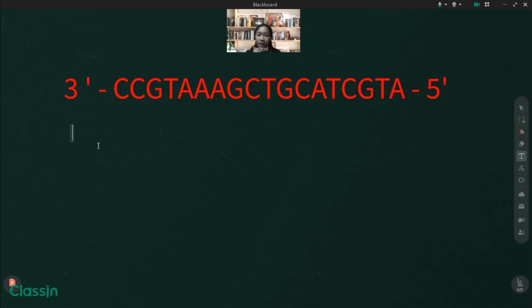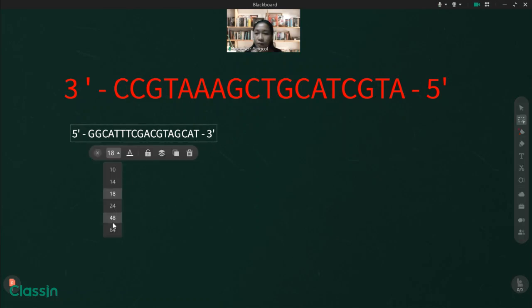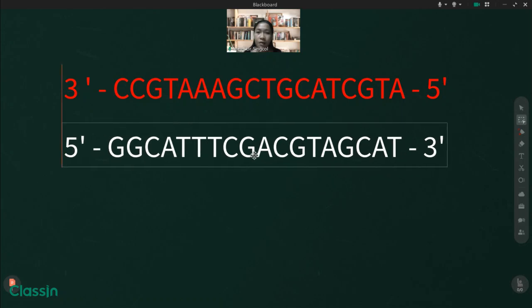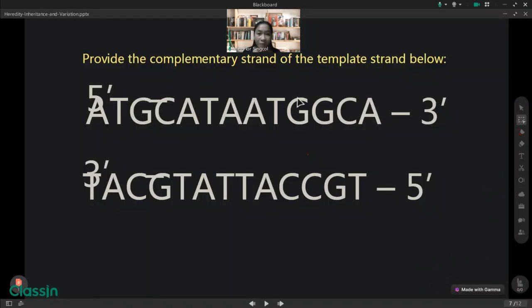Okay, so the answer is 5 to 3 direction or ascending direction. Thank you so much. Great comprehension of the complementary strand of this template.